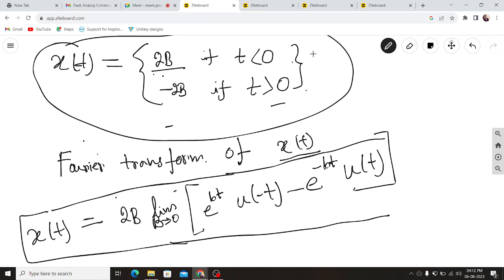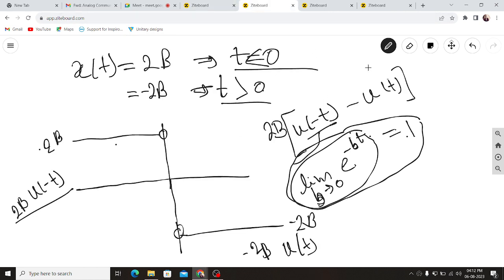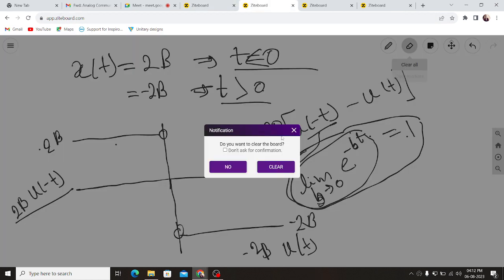Now we want to calculate the Fourier transform. So what will be the Fourier transform of the functions e to the power minus bt u(t) and e to the power bt u of minus t?